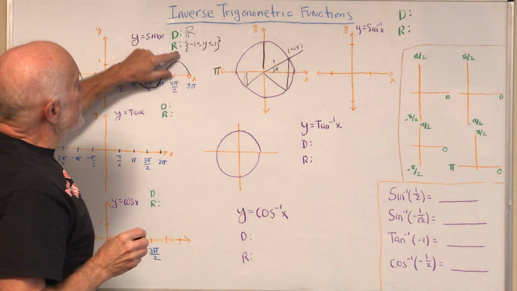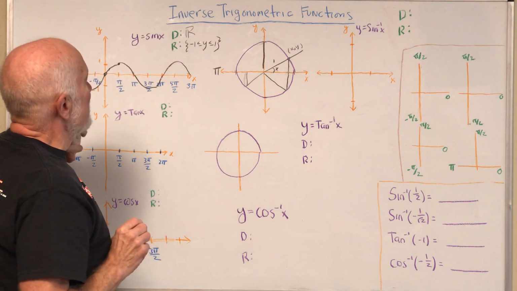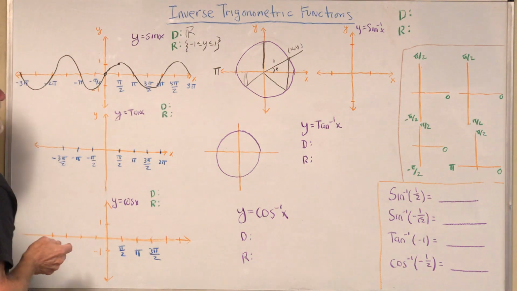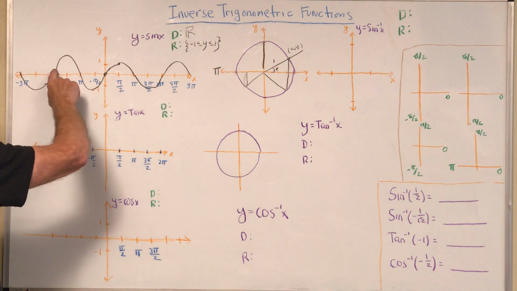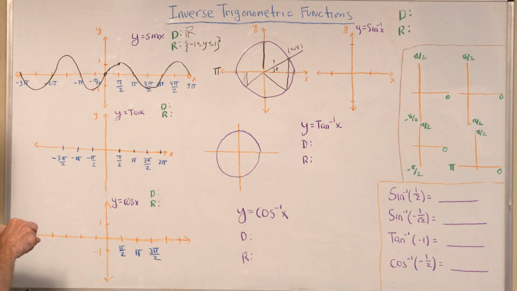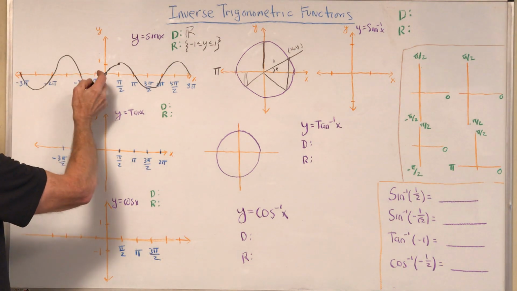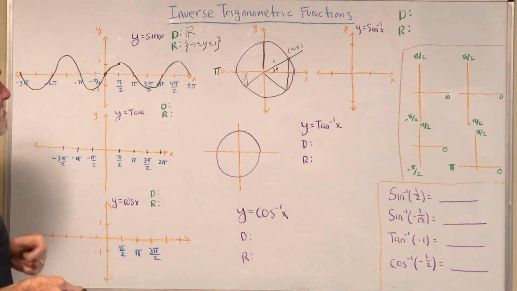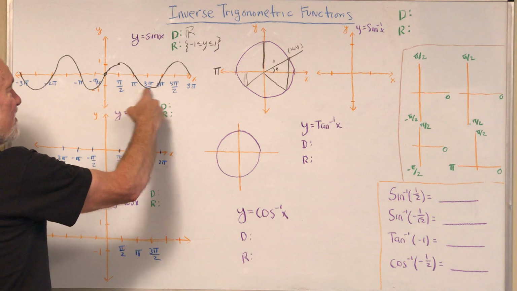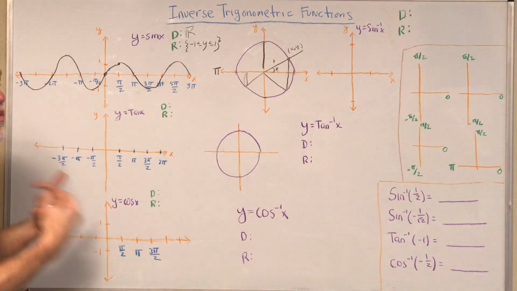The range and the domain get switched around. But unfortunately, if you did that, then you would have the x's and y's get switched around. And now you would have something that would not be a function, because the sine function itself is not a one-to-one function.